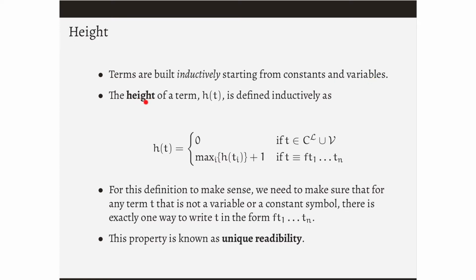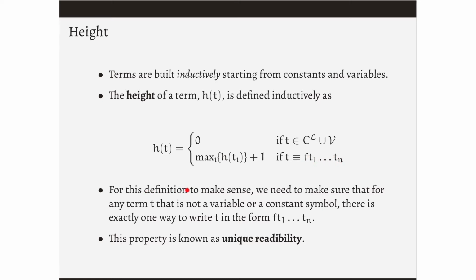So formally, the height of a term is defined to be 0 if the term is a constant symbol or a variable, and it's the maximum over all heights of the t_i's if the term is given as an application of a function symbol to other terms.